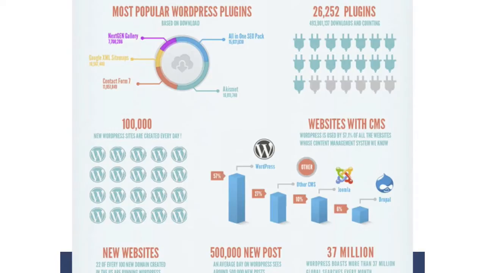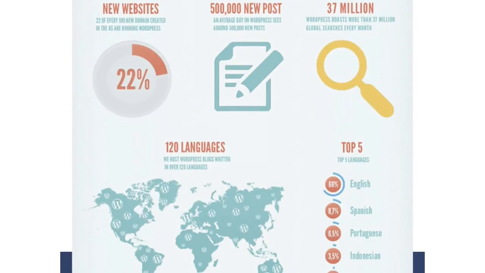As far as content managed driven sites, it has an almost 60% market share. Nothing comes close to WordPress as far as popularity goes. 22 out of every 100 new domains created are running WordPress websites. 500,000 new posts every day. 37 million global searches every month. WordPress is incredibly popular.